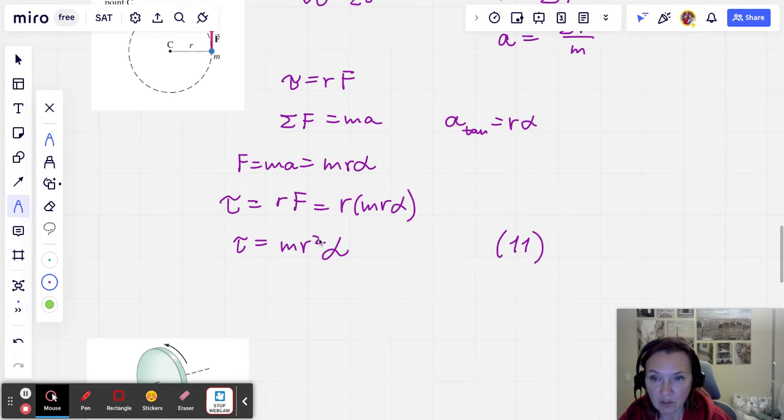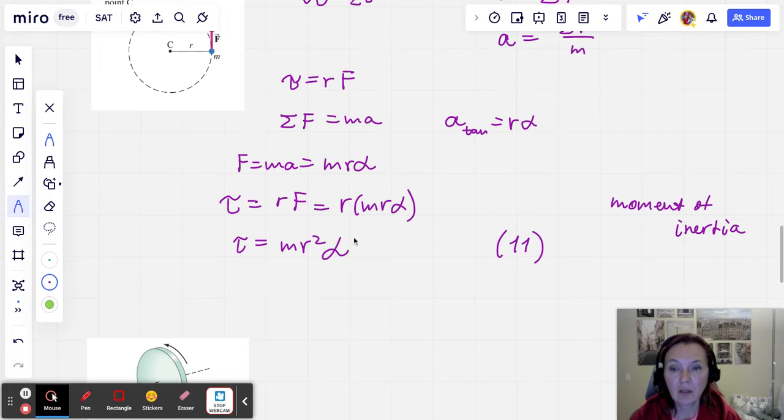And we have this new quantity m r squared that we call a moment of inertia. I'm going to write it down here. Moment of inertia. And that is for, remember, one single particle. If we have many single particles, then instead of saying m r squared, we would have to say sum of m r squared.